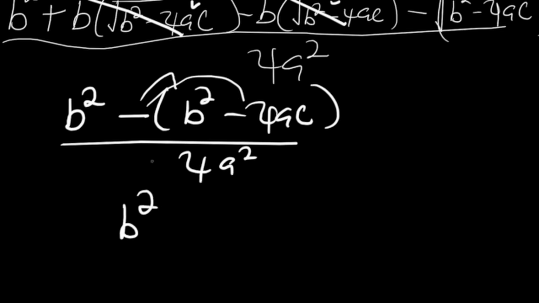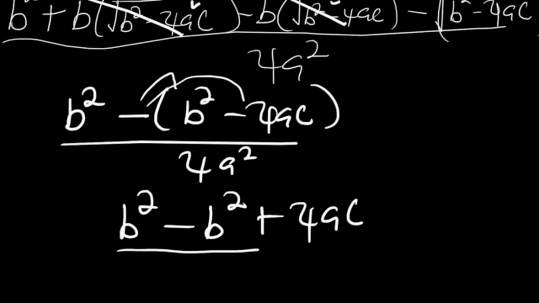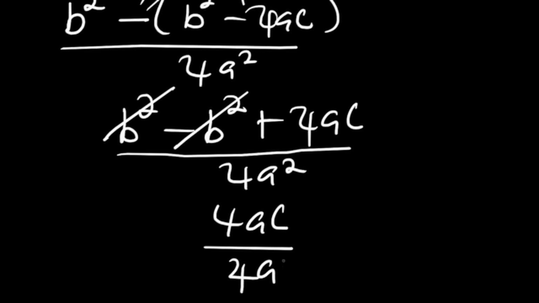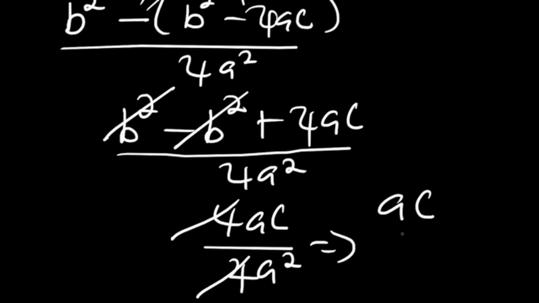Negative times b squared gives us minus b squared, and then negative times the negative gives us plus 4ac, all over 4a squared. Correct. Now, b squared minus b squared equals 0, since they are like terms. And we are left with 4ac over 4a squared. Now, this 4 on top cancels out with the 4 down here, and we're left with ac over a squared.